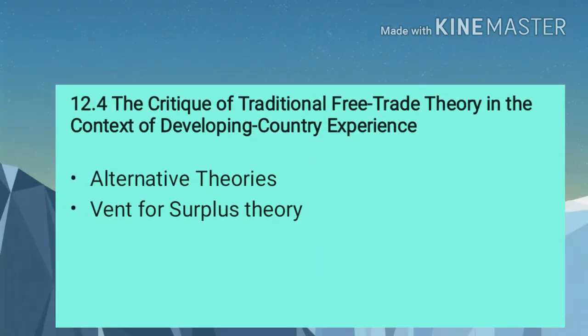Alternative theories: vent for surplus theory. So, sinasabi sa vent for surplus theory, the contention or allegation that opening world markets to developing countries through international trade allows those countries to make better use of formerly underutilized land and labor resources so as to produce larger primary product outputs, the surplus of which can be exported.